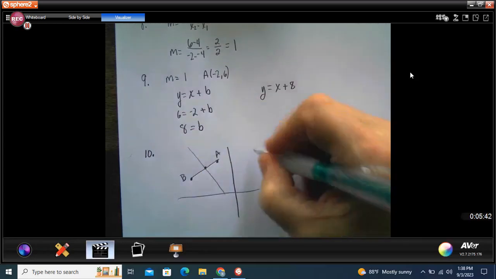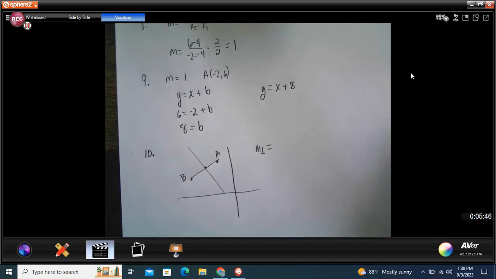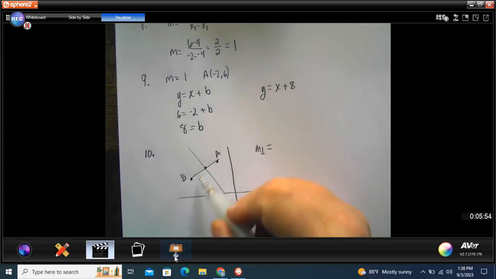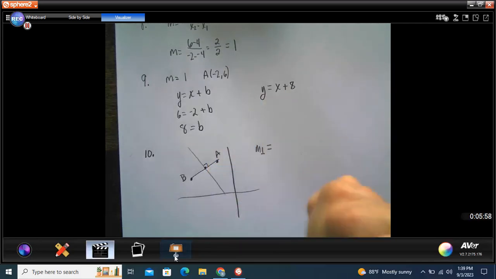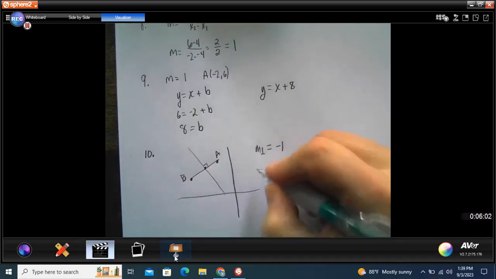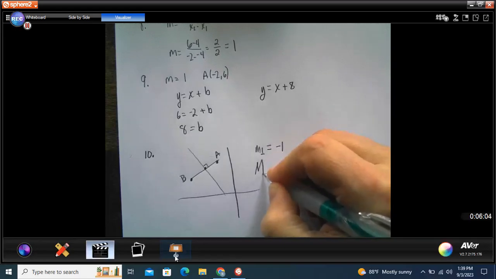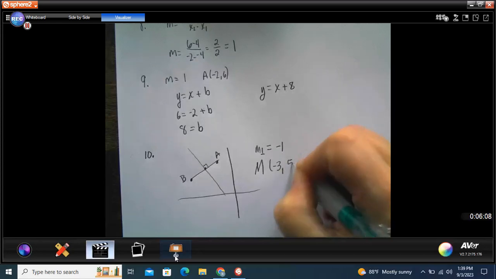So that means the slope of the perpendicular is the opposite reciprocal of 1, because the slope of the line AB is 1. Therefore, the slope of the perpendicular is -1. The reciprocal of 1 is 1. And the point I'm going to use is the midpoint of AB, and that point is (-3, 5).